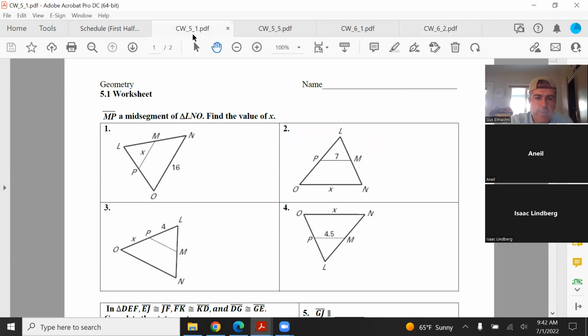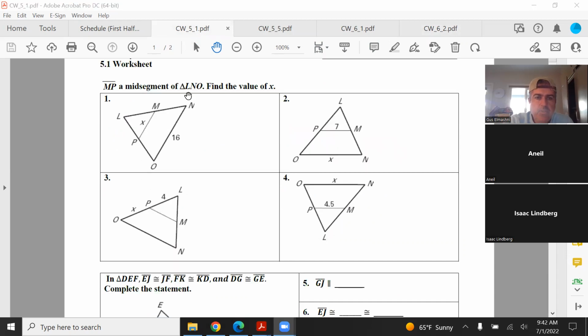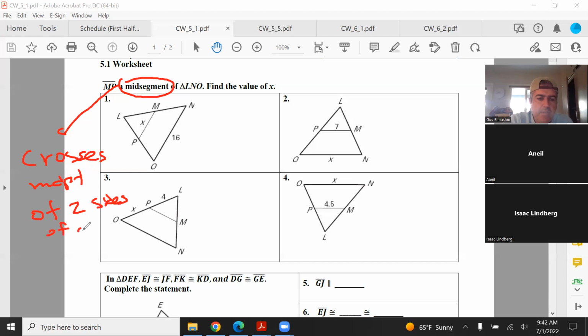So let's talk about this stuff here. This is called a mid-segment. A mid-segment, just so you know, crosses the midpoint of two sides of a triangle.